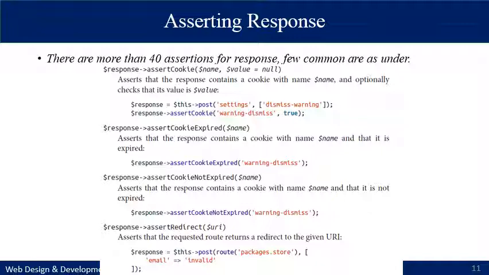Assert cookie expired asserts that the response contains a cookie with the name and checks whether it is expired. Assert cookie not expired does the opposite of assert cookie expired. Assert redirect asserts that the requested route returns a redirect to a given URI.